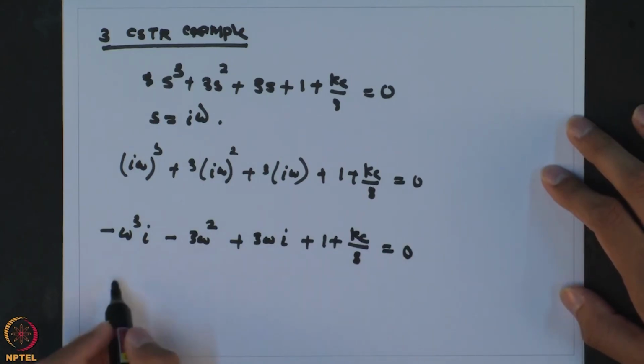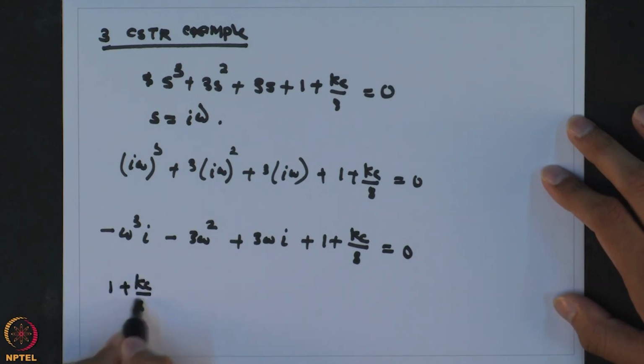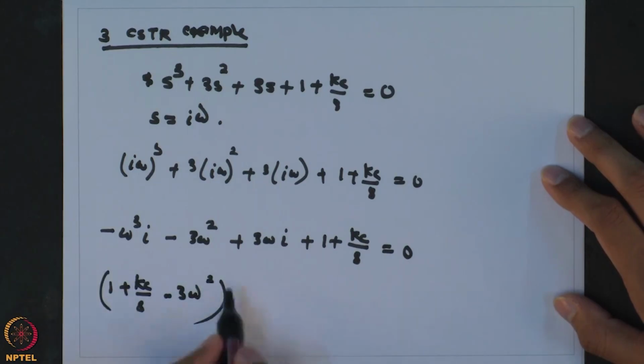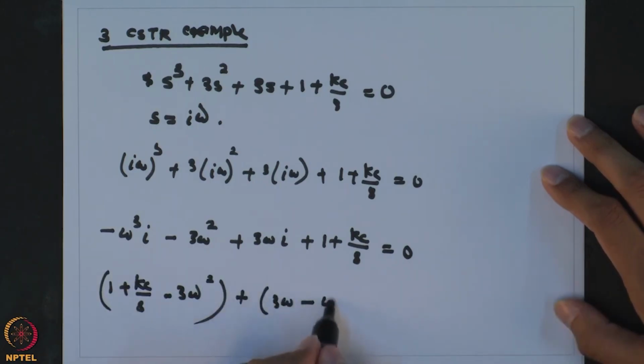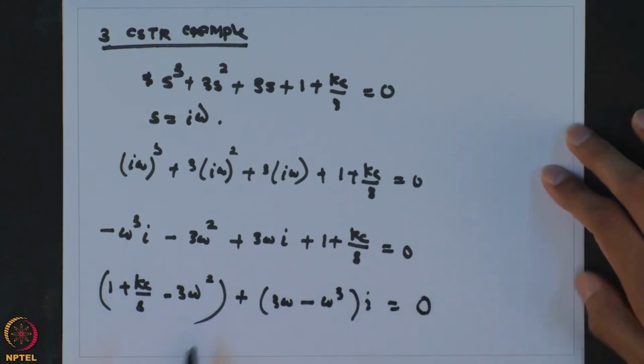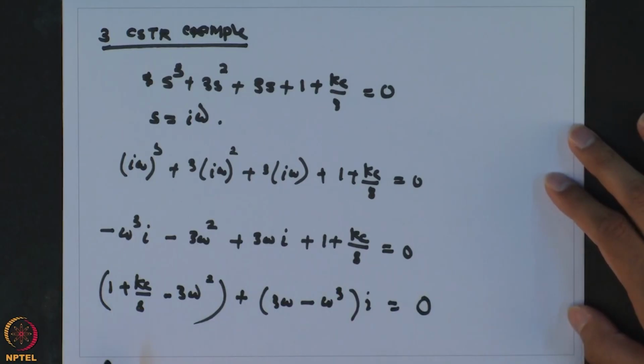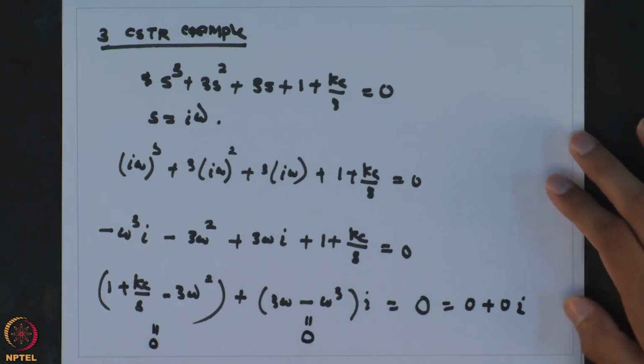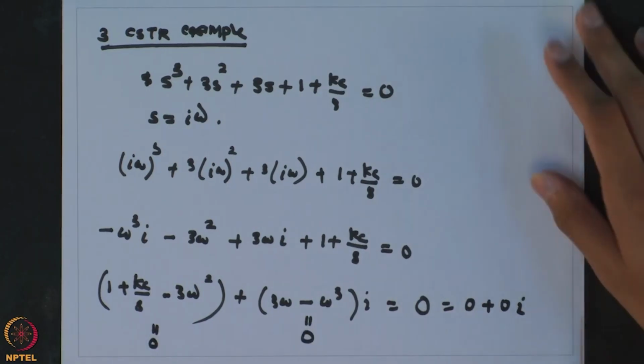So, what we will have is 1 plus Kc over 8 minus 3 omega square, that is the real term, plus 3 omega minus omega cube times i equal to 0. So, when we say this equation is equal to 0, which is same as 0 plus 0 i, we can equate the real term to 0 as well as the imaginary term to 0. So, that will give us two equations.